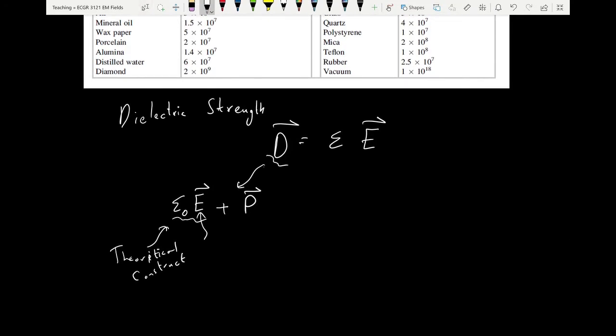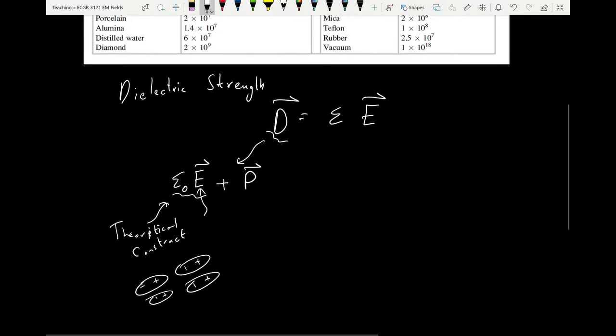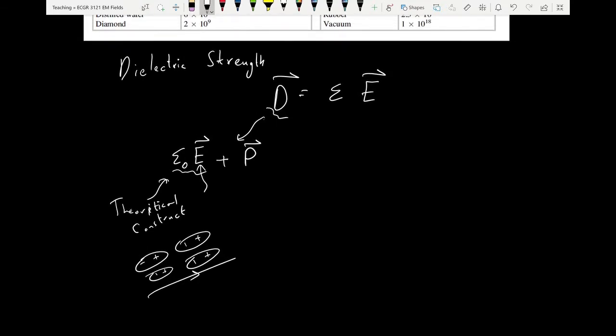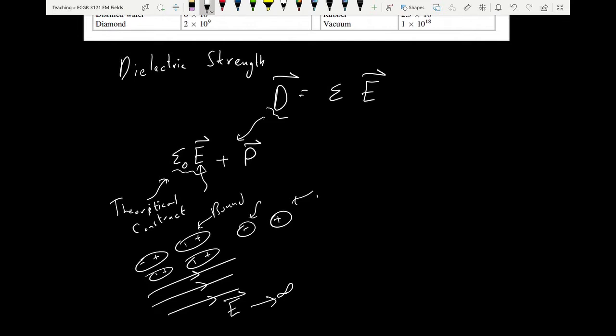Meaning that if I have a polarization vector in free space, no matter how big the electric field gets, there is no point where E becomes so big, as it approaches infinity, that those dipoles break, meaning that the positive and negative portions separate, and those bound charges turn into free charges after the dipole breaks due to the intensity of the field.